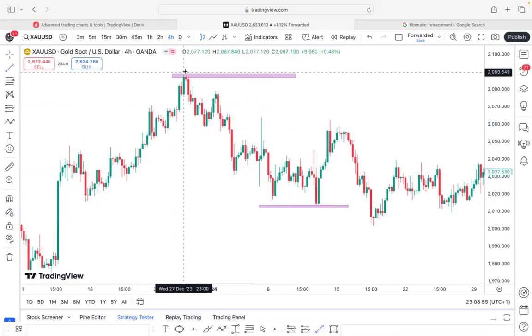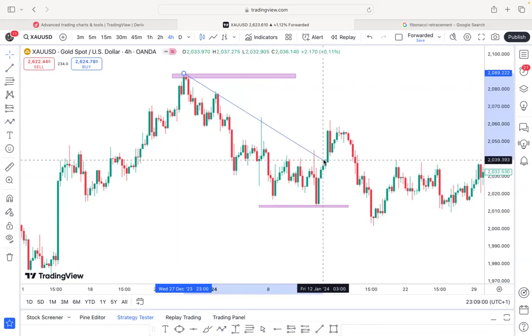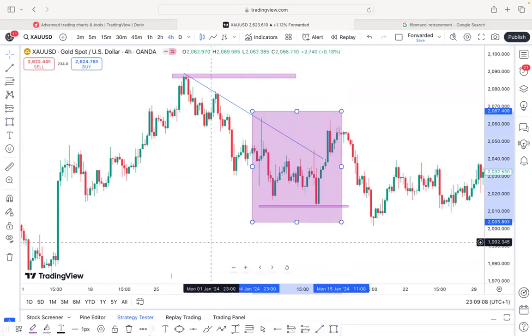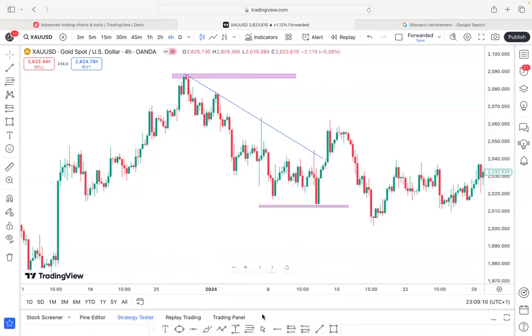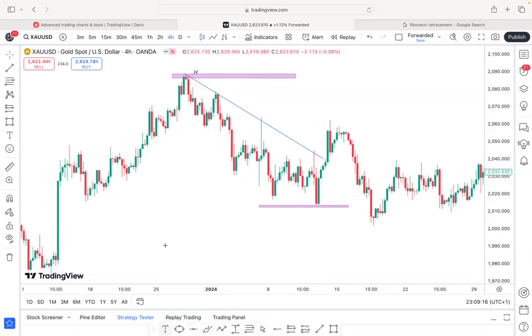How do you draw a trend line? You connect two highs together and extend it into the future, right? Now, before all this move happened, we would say that this is our high, right? This is our low.